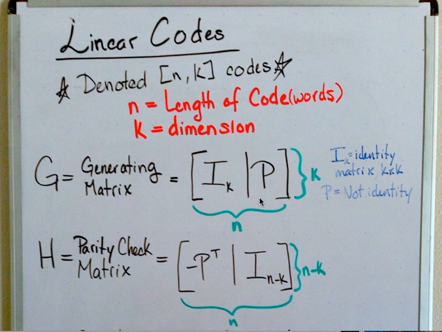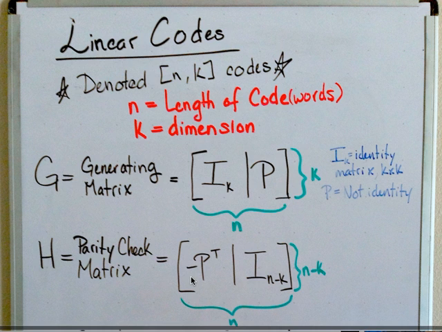The P is the part that allows you to correct errors. It will be n long, or have n columns, and have k rows, or a height of k.